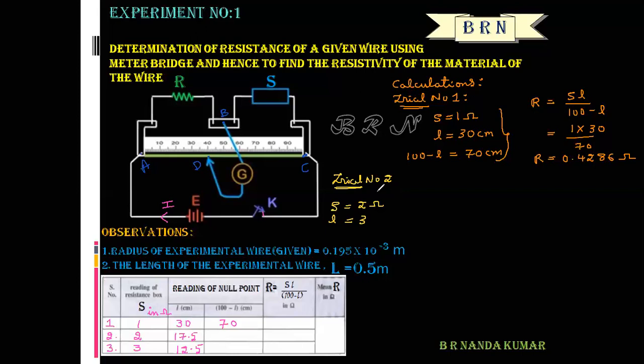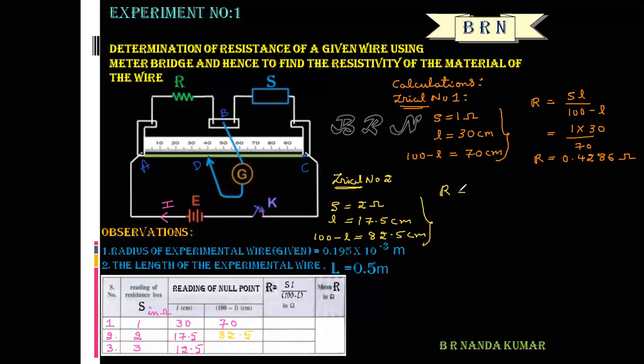L value is 17.5 centimeter. 100 minus L, 100 minus 17.5 is 82.5 centimeter. Okay.